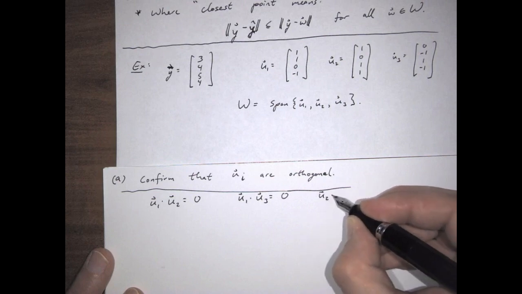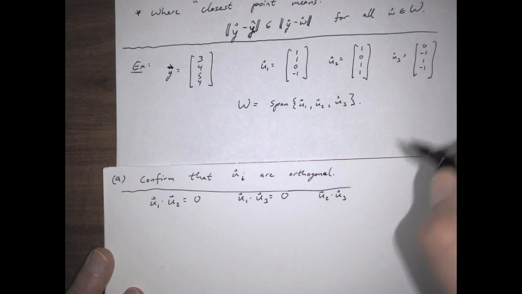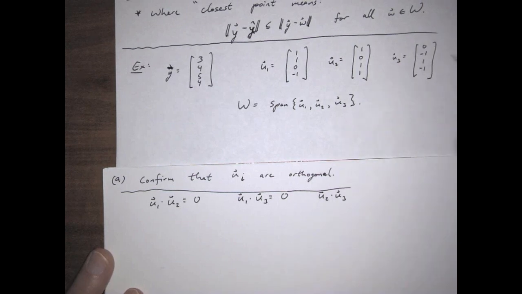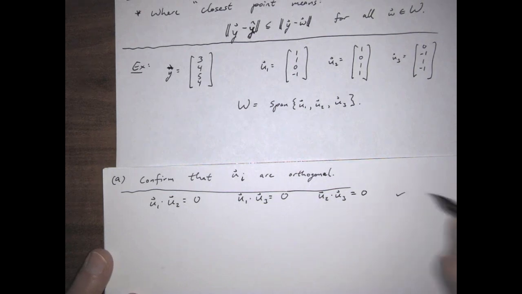Then the only other pair is u2 dot u3. So that's going to be 0, 1, 1 minus 1 equals 0. Check.